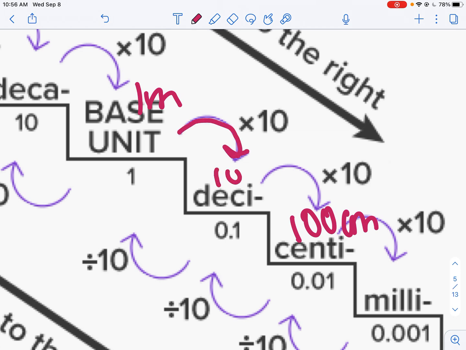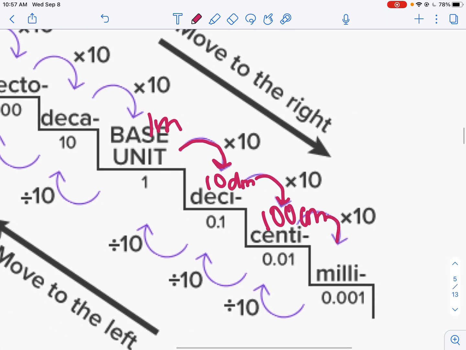So 1 times 10 gives me 10 decimeters. Times that by 10 again, I get 100 centimeters. Multiply that by 10 again, I get 1,000 millimeters, which you guys know there's 1,000 little tiny tick marks on that meter stick. So one way that you can do this is just multiply each step as you go down by 10.